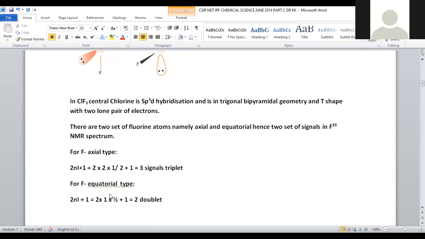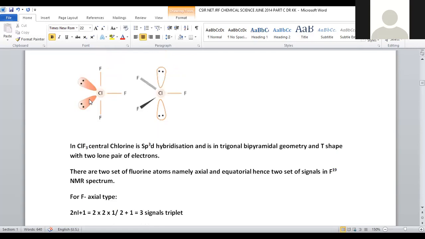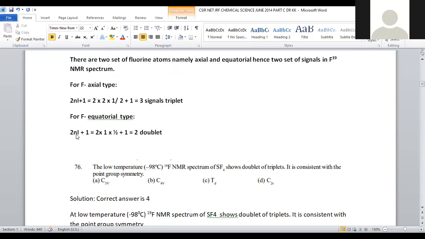Then let us calculate with the same formula for the equatorial type of fluorine. How many equatorial fluorines are there? Only 1 equatorial fluorine. For this, you can employ the 2nI+1 formula: 2 into 1 into 1/2, where 1/2 is the spin value of fluorine.